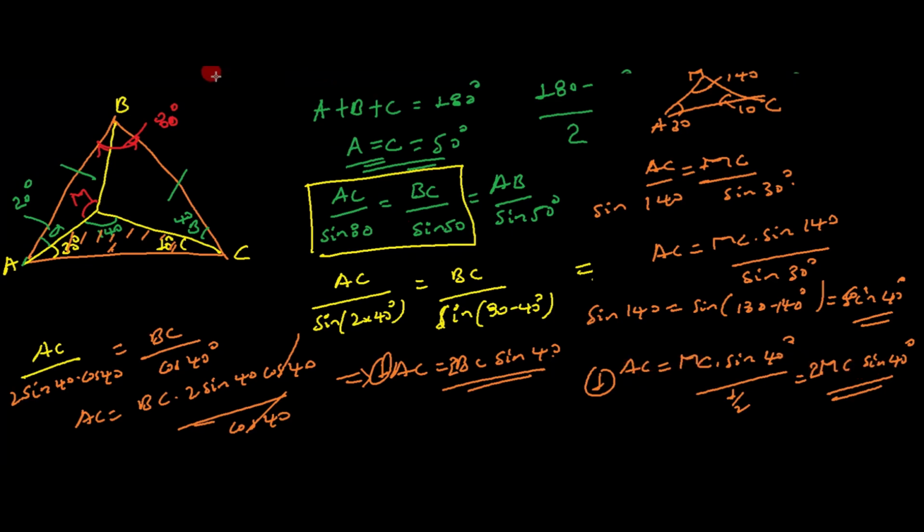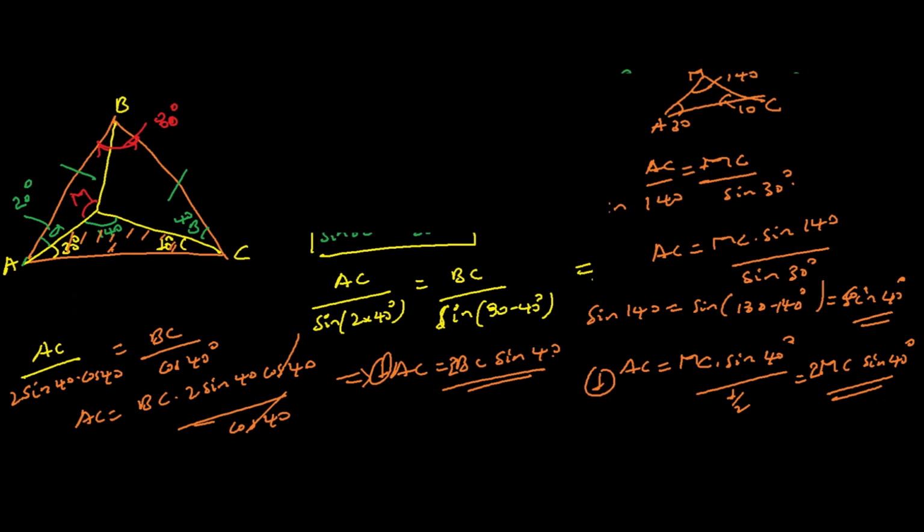So what we are going to do next, let us substitute that value of AC here. 2 MC sine 40 degree is equal to 2 BC sine 40 degree.